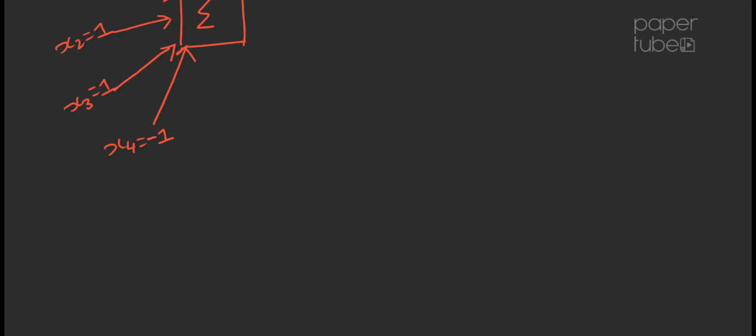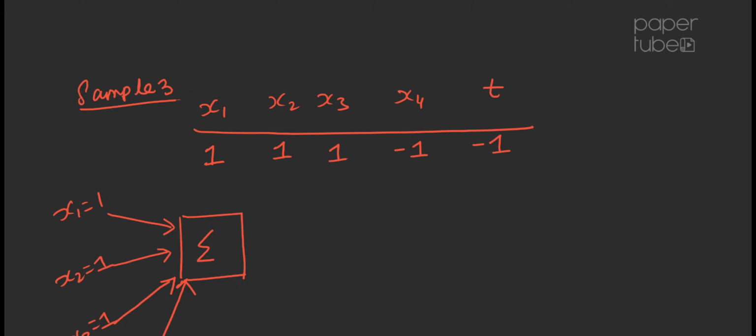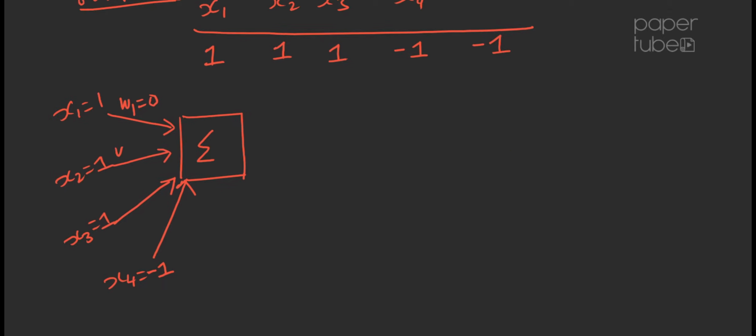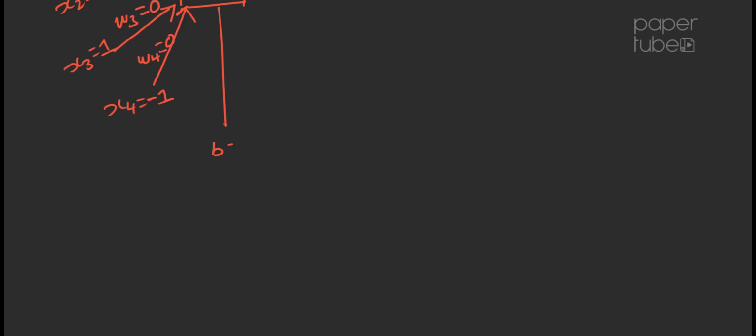So we have to use the weights from the previous step, which is here 0, 2, 0, 0. So W1 should be equal to 0, W2 should be equal to 2, W3 should be equal to 0, and then W4 that should be equal to 0, and then the bias which we calculated, that's equal to 2.